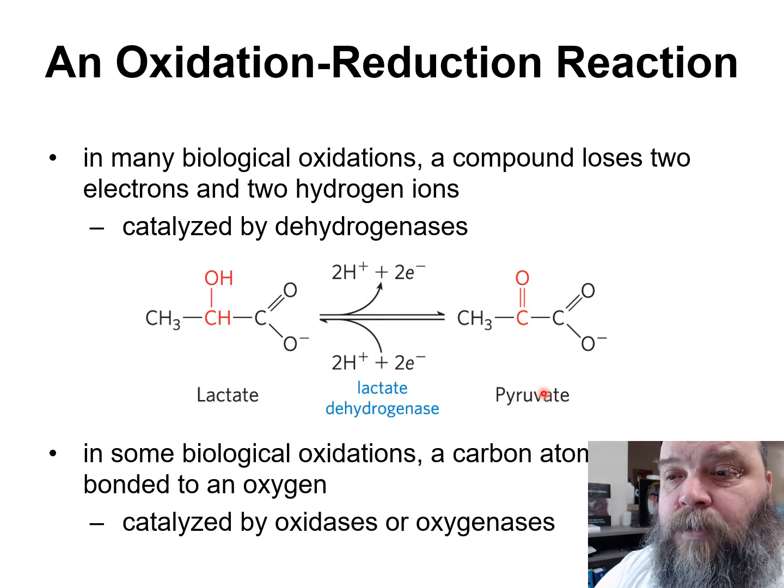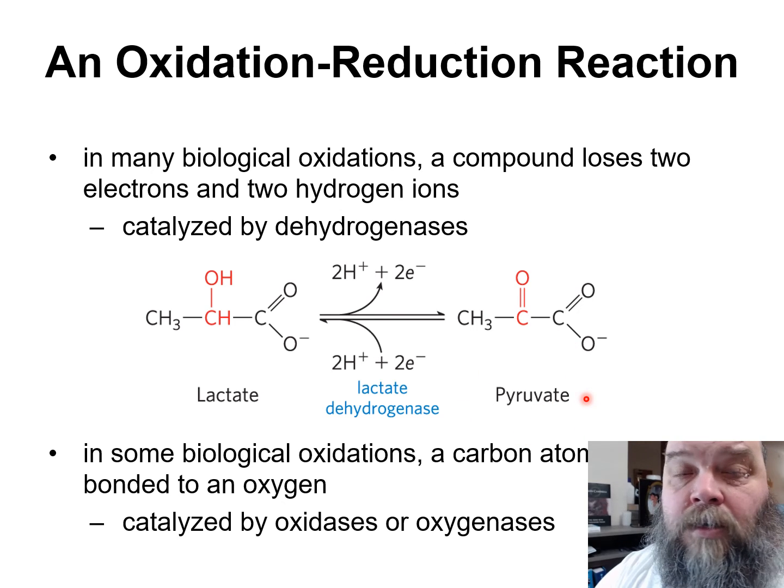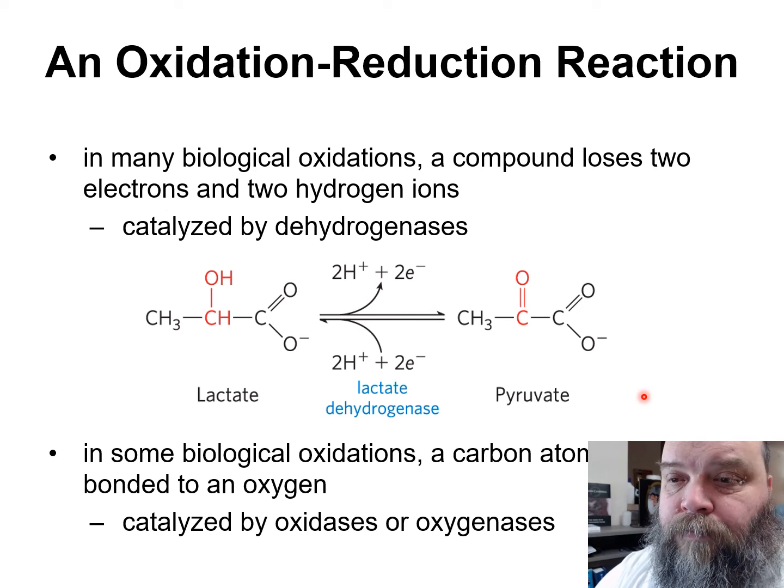Well, cells will take pyruvate, turn it into lactate, free up a few NAD, so they can go through glycolysis a couple more times, and keep going and going. Once the oxygen levels come back, you have this buildup of lactate. So the enzyme lactate dehydrogenase is going to take lactate and turn it back into pyruvate. And then that pyruvate will enter into the mitochondria, into the citric acid cycle, and carry on with oxidative phosphorylation.